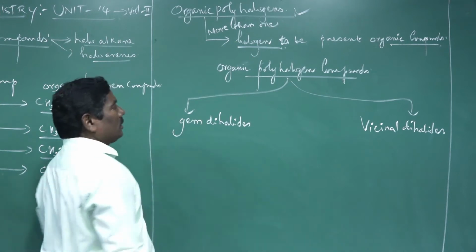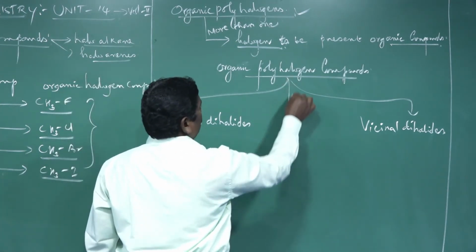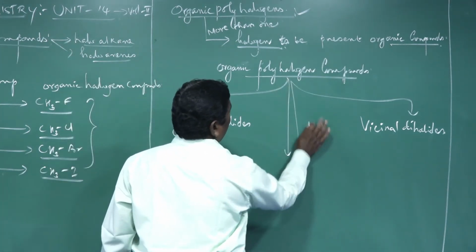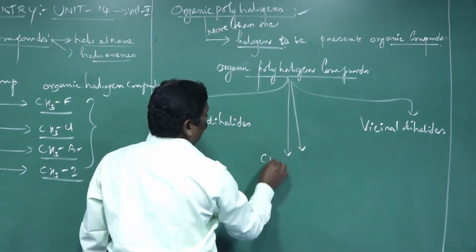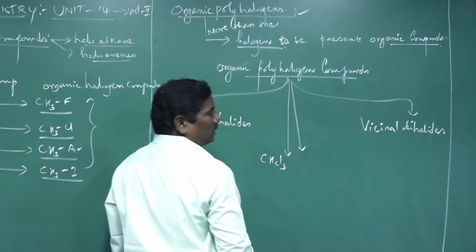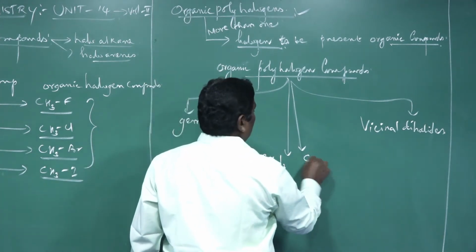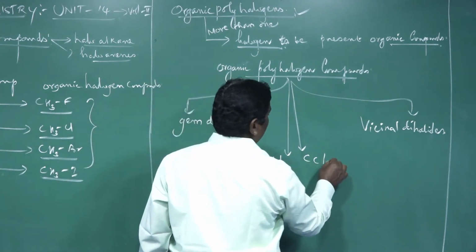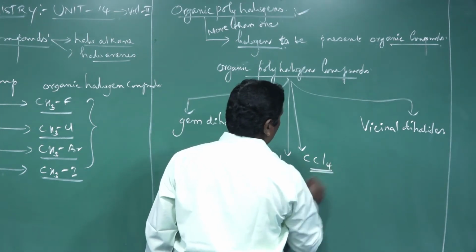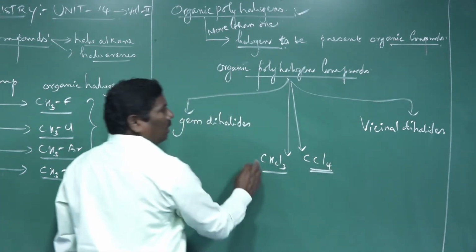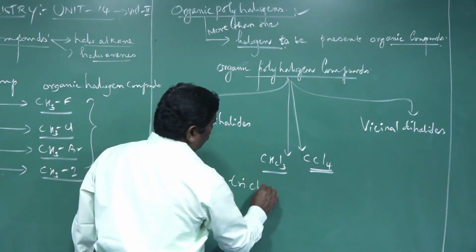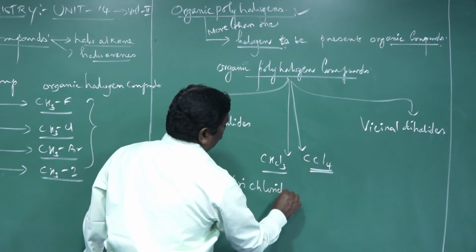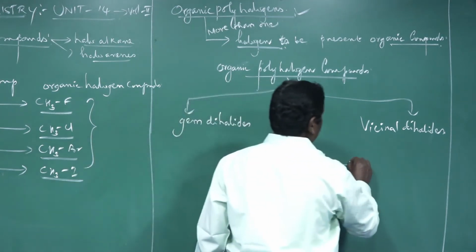Apart from that, we are going to see two more example compounds, namely chloroform, which is a trichloride, and carbon tetrachloride, which is a tetrachloride.